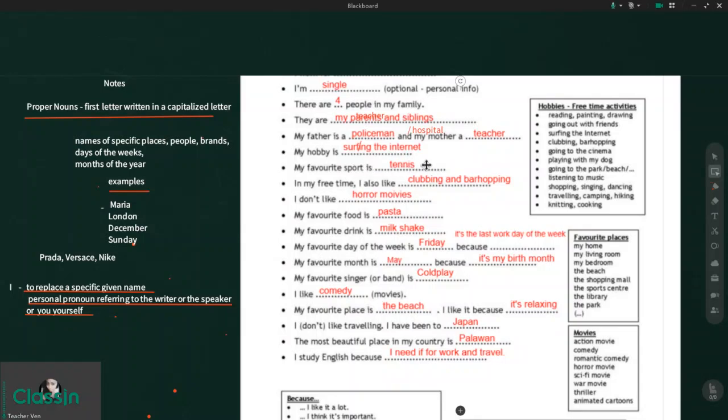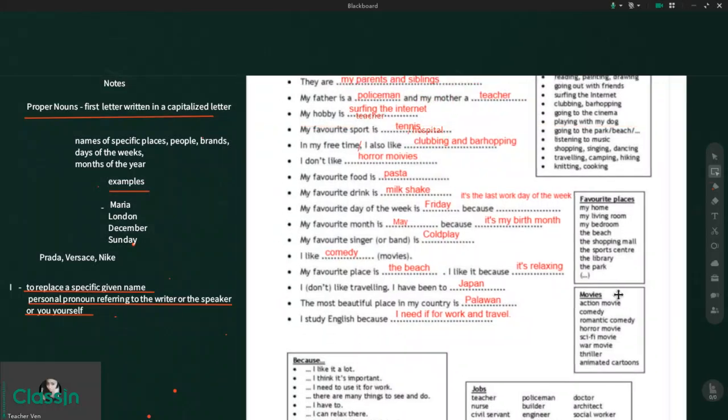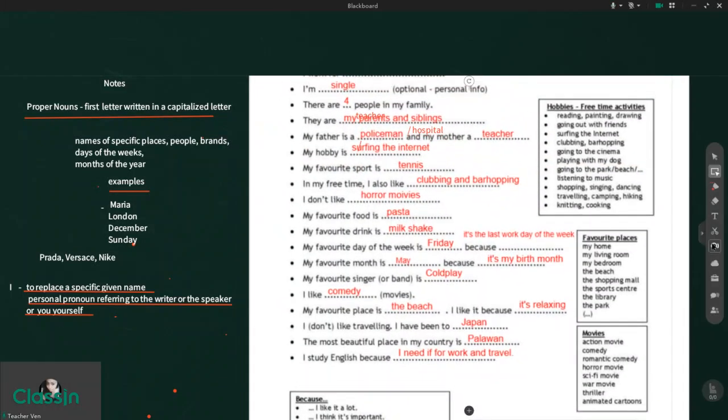You can just type it right there. You can say, my favorite sport is swimming. So that's it.